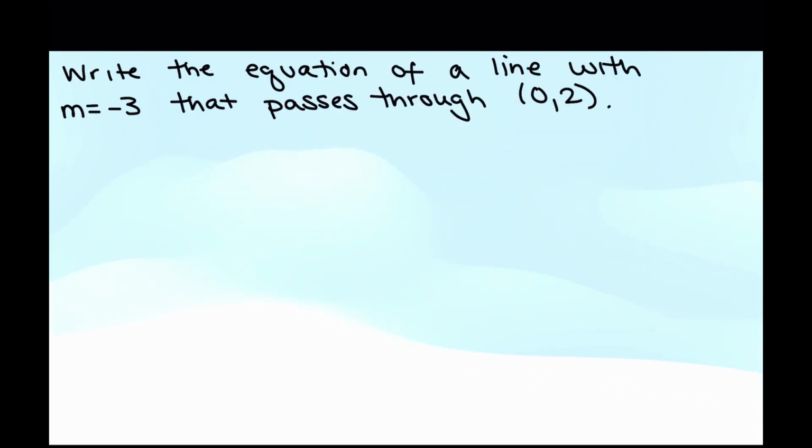Now, we can use the concept of slope-intercept form to start to write equations of lines if we're given information about those lines. So, for example, this problem says, write the equation of a line with m equals -3, so slope is -3, that passes through the point 0, 2. My y-intercept is 2.